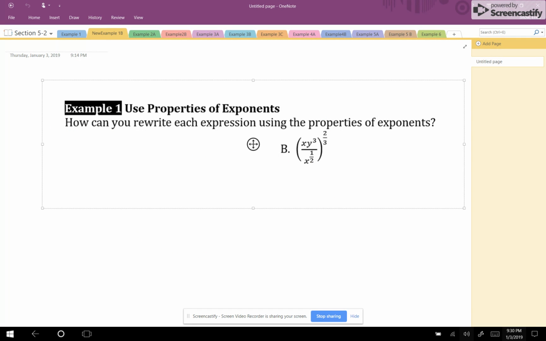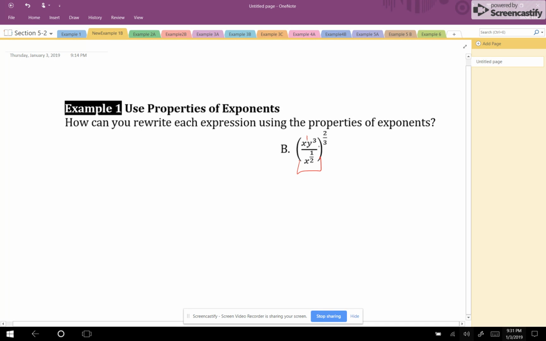Now we are going to go on to example 1b. So this one, oh my goodness, they've made it a little more tricky. What I'm going to do first is work inside of my parentheses. Your quotient of powers property that's up there on your page says that we're going to take this top exponent and subtract the bottom from it.